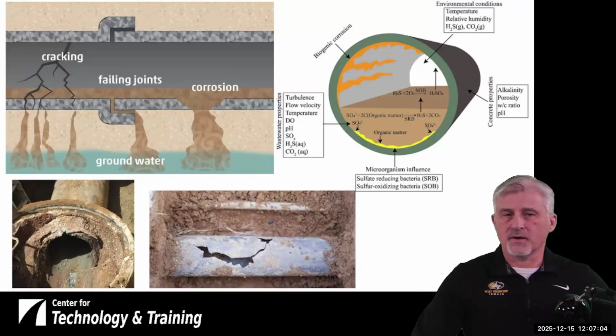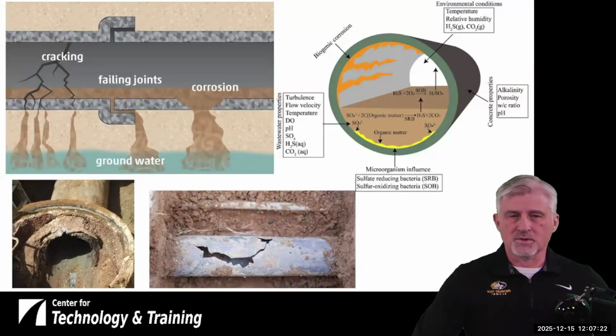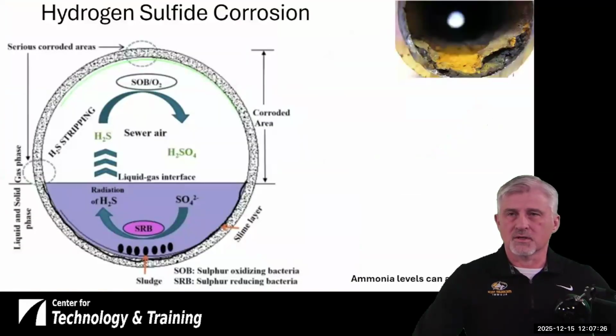We've got this figure here that shows some of the things that can happen with corrosion. Wastewater has different properties. There are biological processes that could go on if this material is allowed to stay in the mains. We'll talk more about this as we go through this presentation.